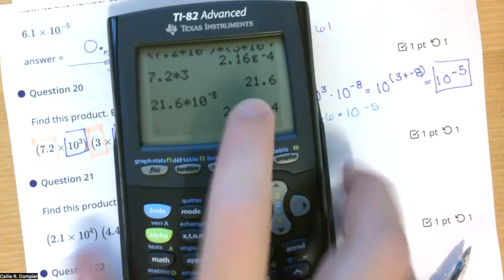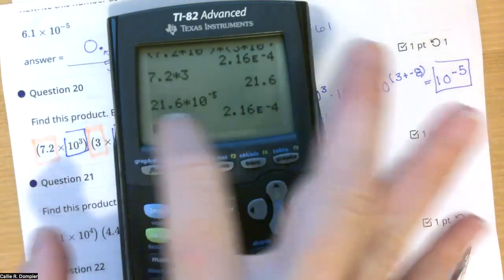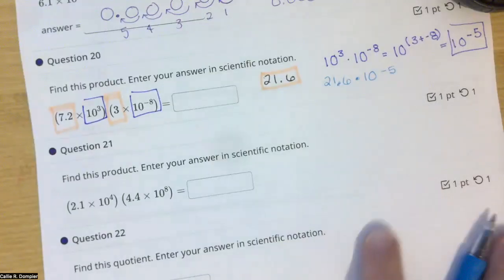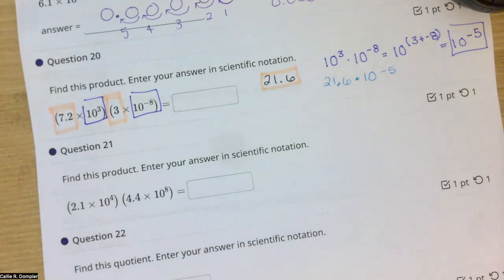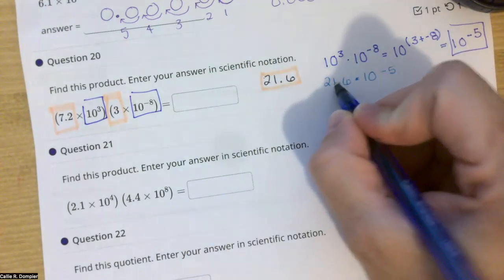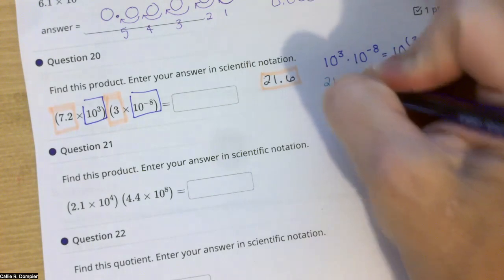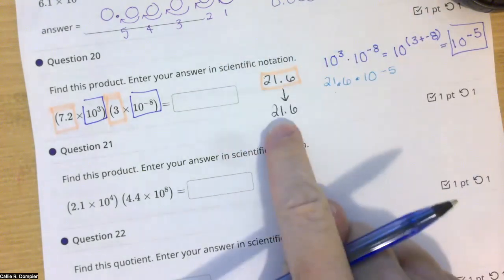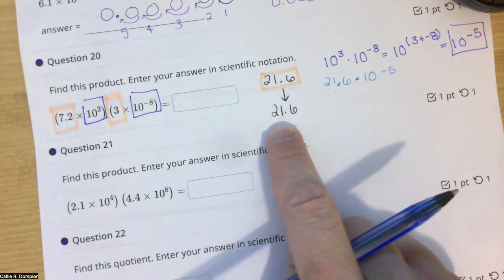But what this calculator is showing me is that this is not in scientific notation. Why? Because for scientific notation, you may only have one number in front of the decimal. This has the 2 and the 1 in front of the decimal. So what we need to do is take 21.6 and turn it into scientific notation.